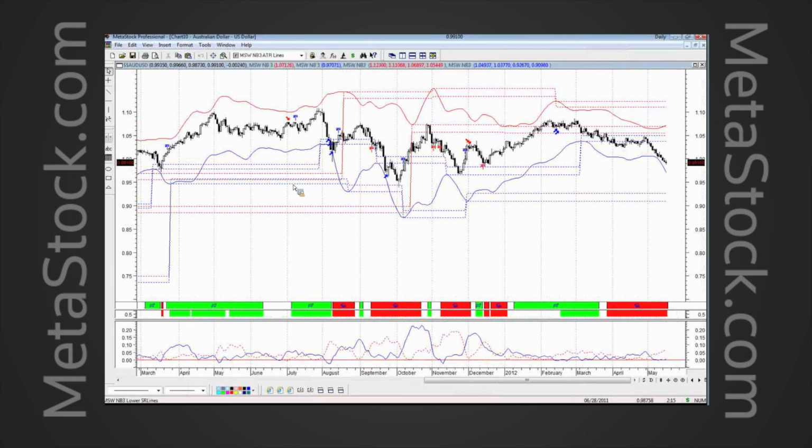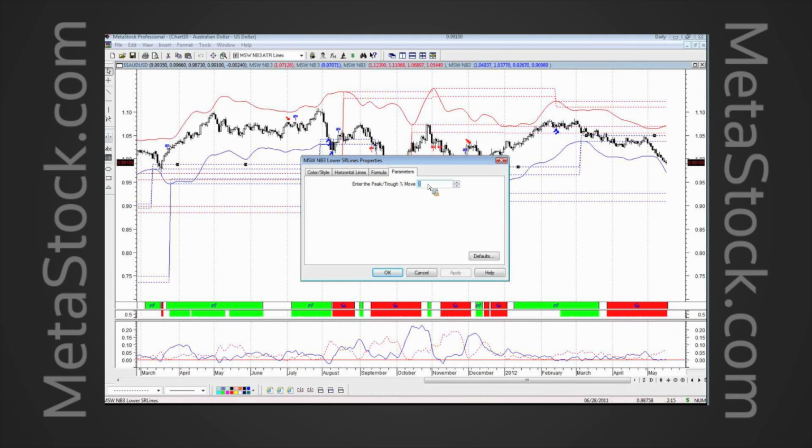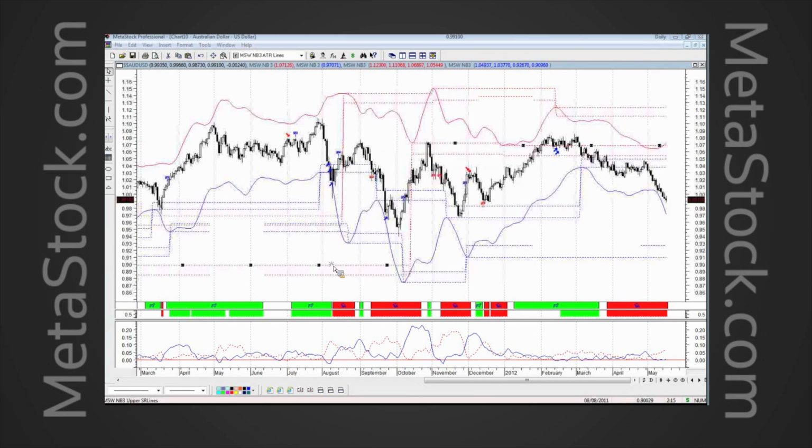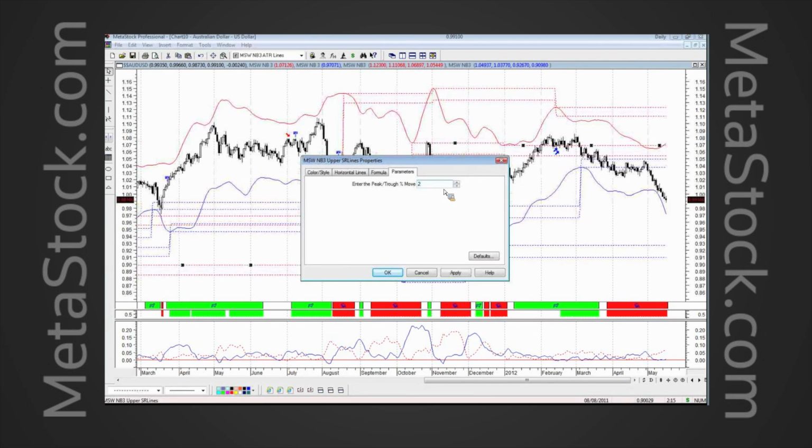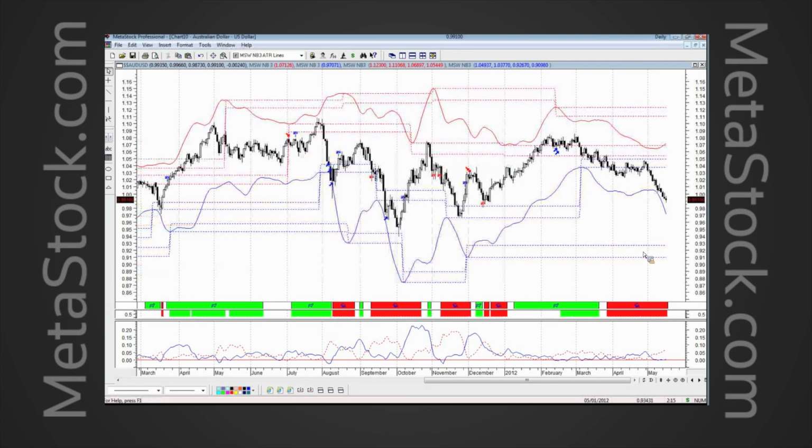I'm going to make a little adjustment to my SR line sensitivity, and unfortunately I don't have time to get into specifically right now what that is. And here we are, the Aussie dollar cross. Ooh, this is not looking good for Australia right now.